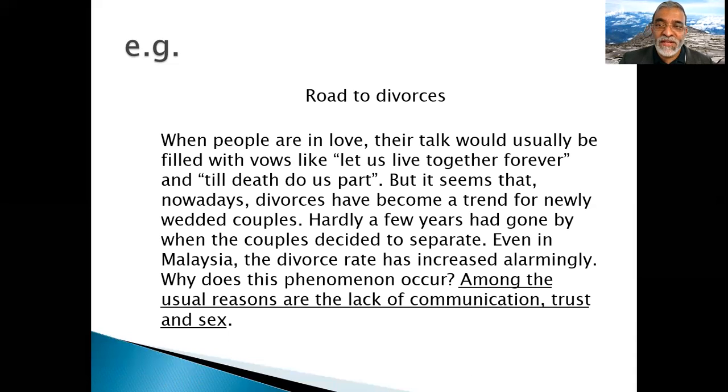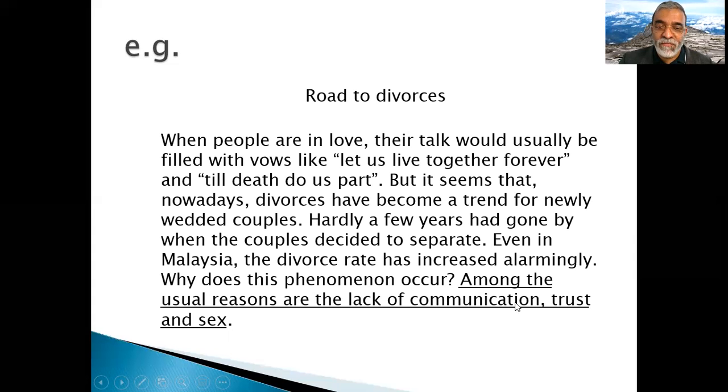So the divorce rate is increasing. This is based on some research done. You see how the introduction is linked to the thesis statement. It talks about the rate of divorce increasing until the point of the thesis statement, which says, among the usual reasons are the lack of communication, trust, and sex.